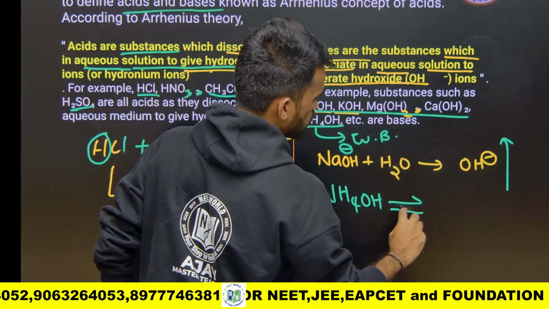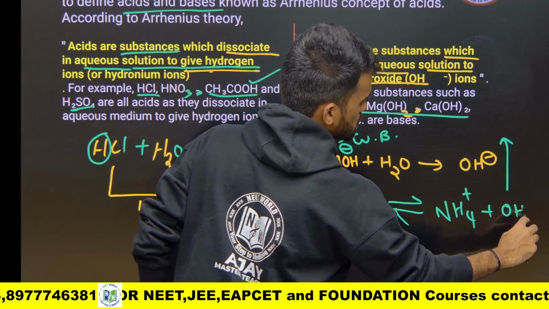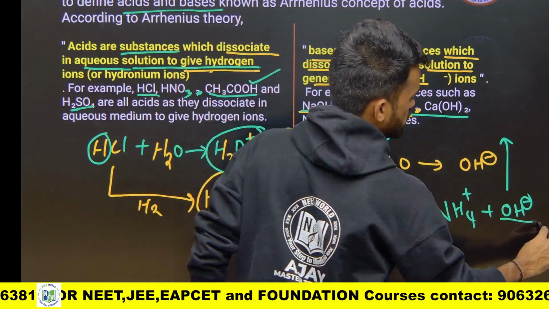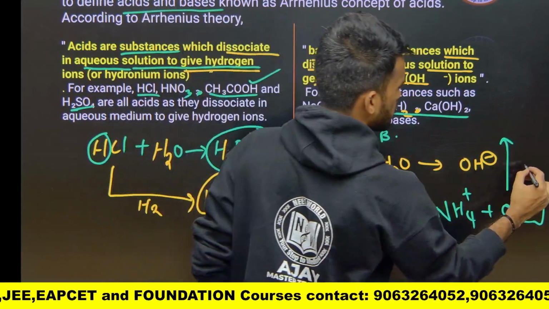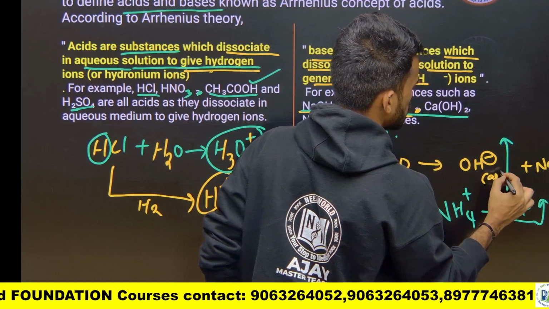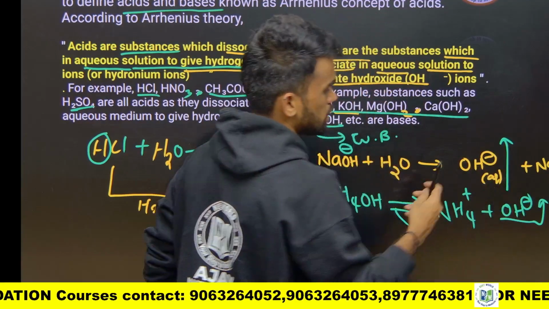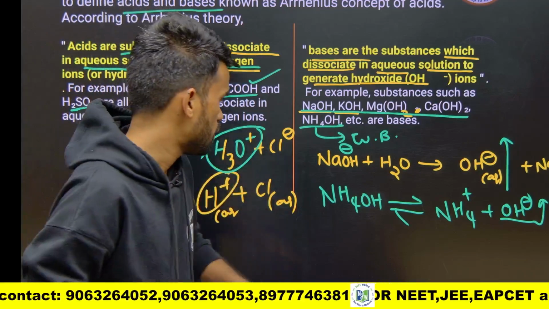In the aqueous medium, it forms NH4 plus and OH minus ion is released. So here OH minus ion it is also releasing now, so this can also be considered a base. Here we have Na plus ion also, aqueous. So OH minus ion concentration is increasing in the aqueous medium, therefore we are considering them as bases.